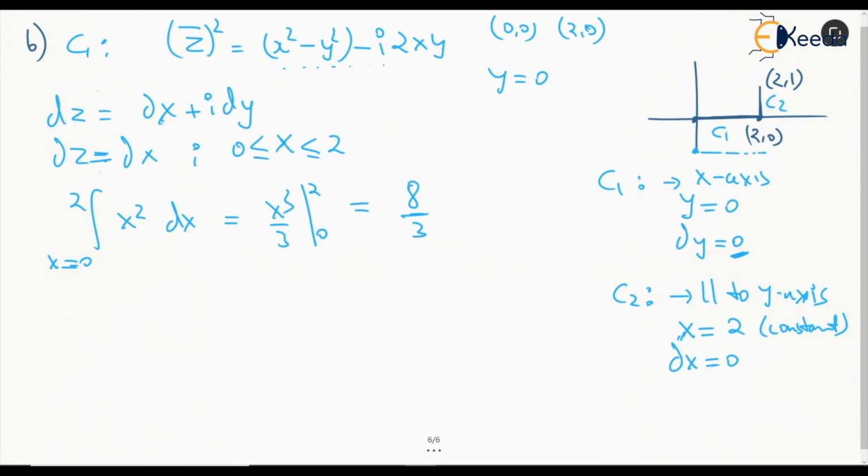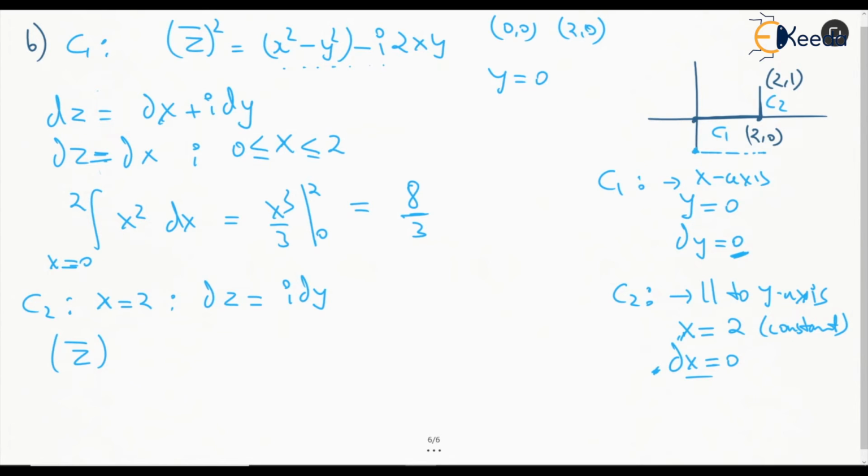For the case of C2, where x is equal to 2, dz will now become i dy, because we have concluded that dx is going to be 0 as x will be a constant value. Yes. So dz becomes i dy, and this z conjugate now becomes, we'll have to put x is equal to 2 in this case.